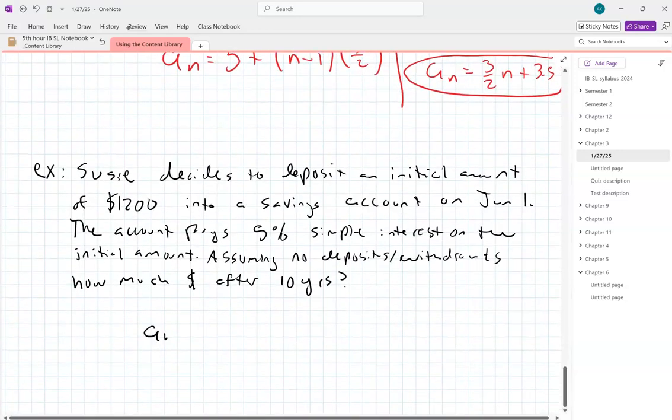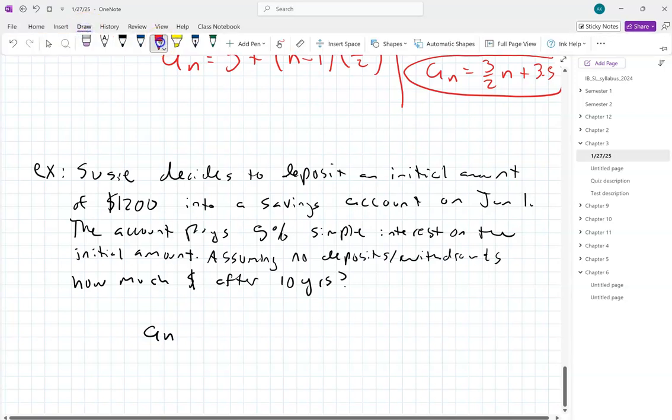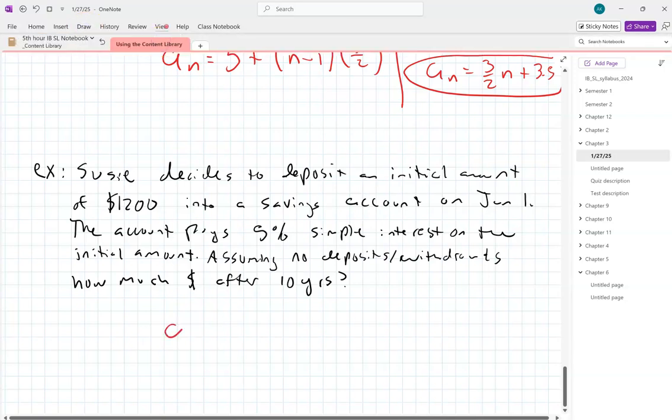So again, we're just going to write an arithmetic sequence, or really just a linear equation. So I'm going to have 0 as the initial.